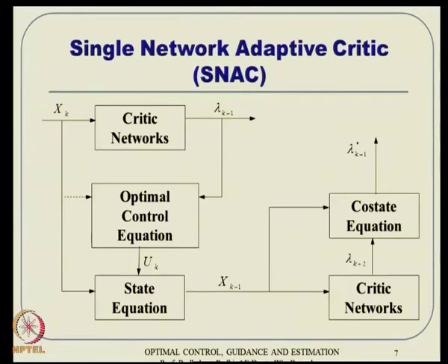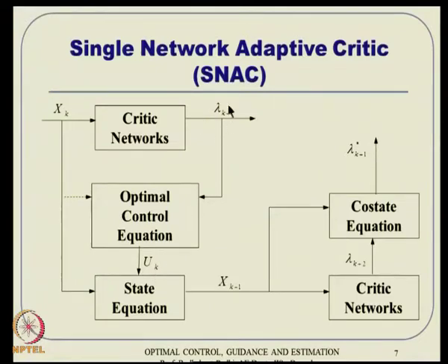Then the whole idea of single network adaptive critic is something like this. We have x_k, you have a critic network, you have to get lambda_{k+1}, but obviously to begin with this is non-optimal. So you have to get the optimal lambda_{k+1} with respect to this x_k. Knowing x_k and lambda_{k+1}, you can use them in the optimal control equation and get u_k.